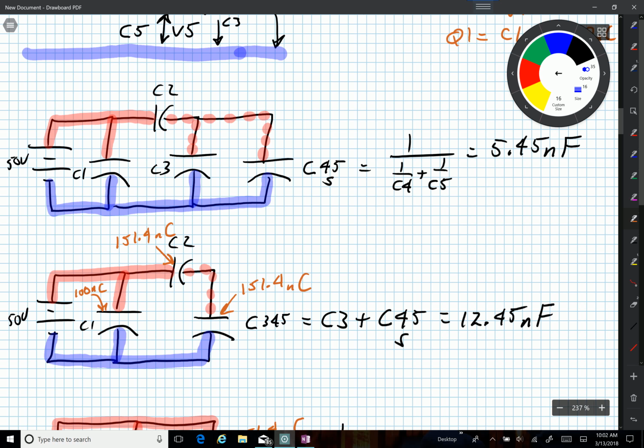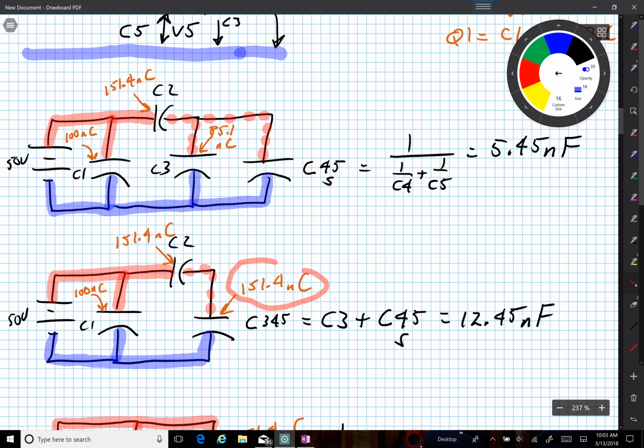So this is 85.1 nanocoulombs. This is still 151.4. And look, we're going to use Kirchhoff's charge relationship now.